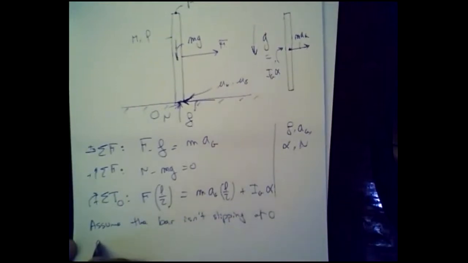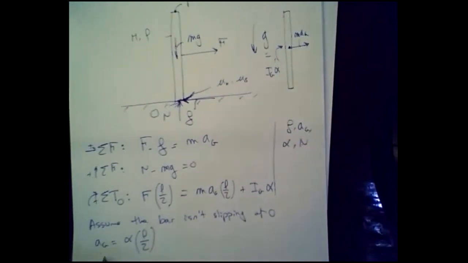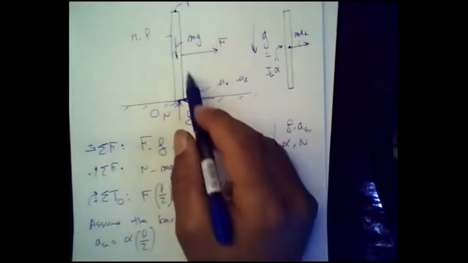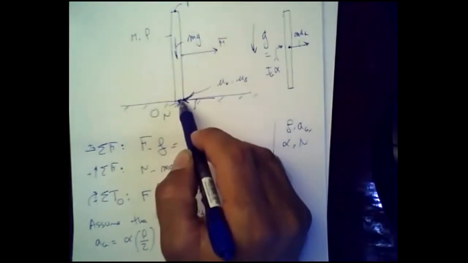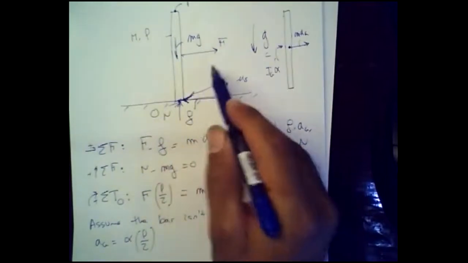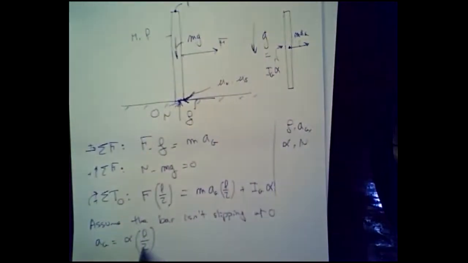(Student: AG equals alpha L over 2.) AG equals alpha times L over 2. Do you know where that equation is coming from? If we relate to point O, from kinematics, AG is equal to alpha cross RG with respect to O minus omega squared, etc. And if you take only the i components of those, you're going to write that.